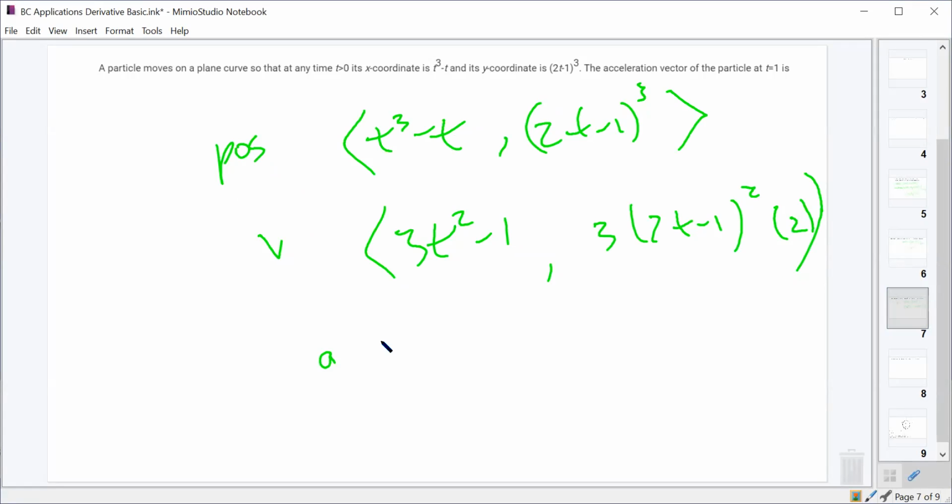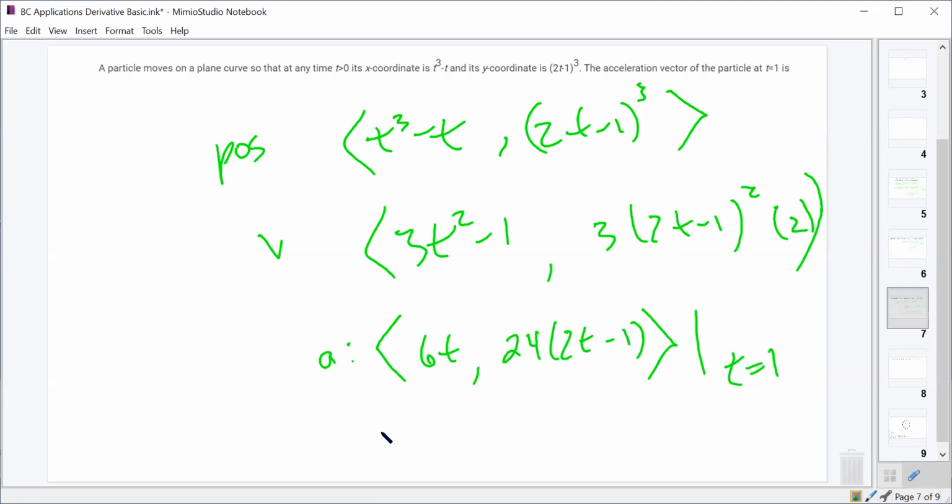And then our acceleration vector should be 6t comma, and we have 6 times (2t minus 1) squared, so that'll become 12 times (2t minus 1) times the 2, or 24 times (2t minus 1). Everybody good with that? And then we'll evaluate it at 1 to get 6 comma 24. Easy enough?